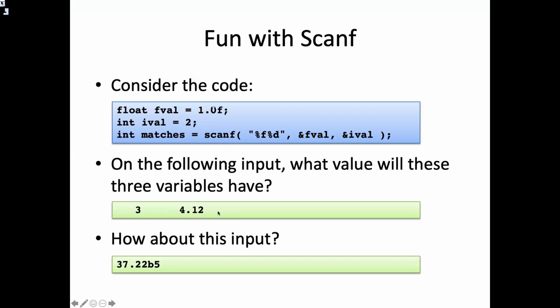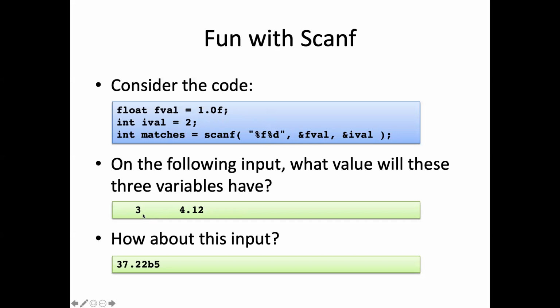What'll happen? Well, when you say to read this %f, it's going to look for the next thing that could be a legal float. This skips white space, so it'll skip all the spaces up to this 3. It'll see a 3 and then some spaces, and it'll say, well, that's a legal floating point value. So it'll store that in f value. So f value, this 1.0 that I put in there, will get overwritten with a 3. Then it'll try to read this %d, decimal integer.